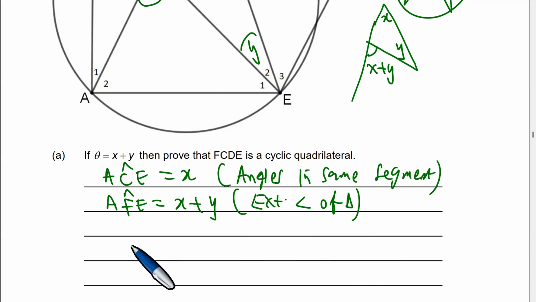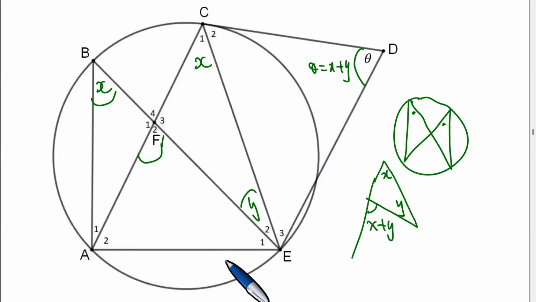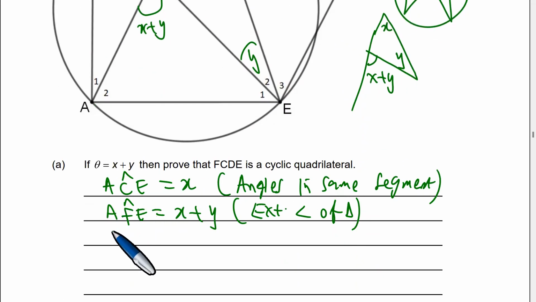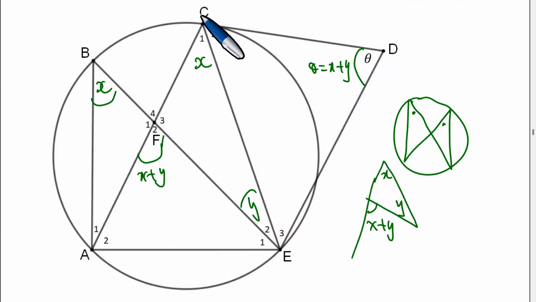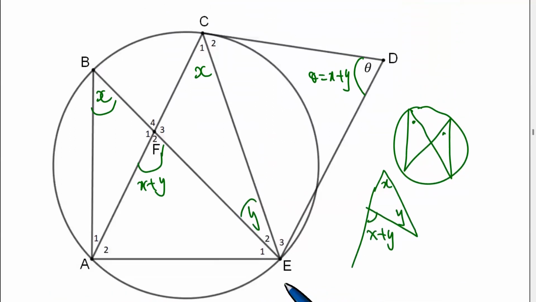But we also have that AFE is equal to CDE, because this one is X plus Y, but also this one is X plus Y. So we conclude that AFE is equal to CDE, which equals X plus Y. Because now CFED is a quad.